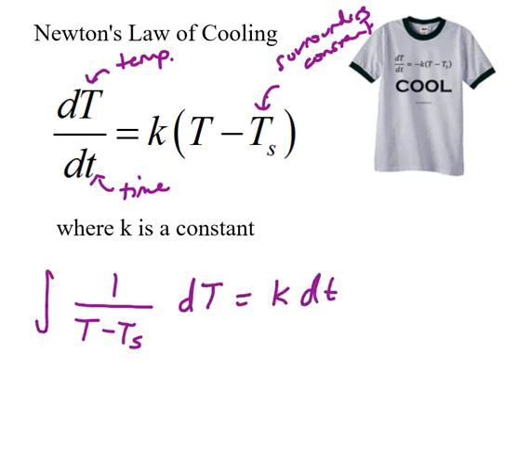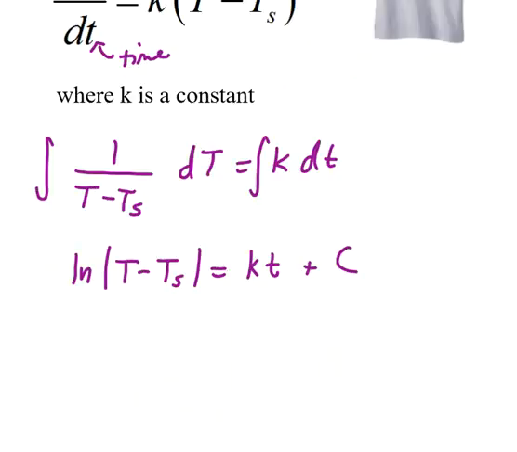So I separated. Now I'm integrating. All right, I'll have ln of T minus Ts equal to kt plus c. I can convert to an exponential. Actually, well, I'm also going to use that T of 0 is T0, so I'm going to show how you can find that value before I convert.